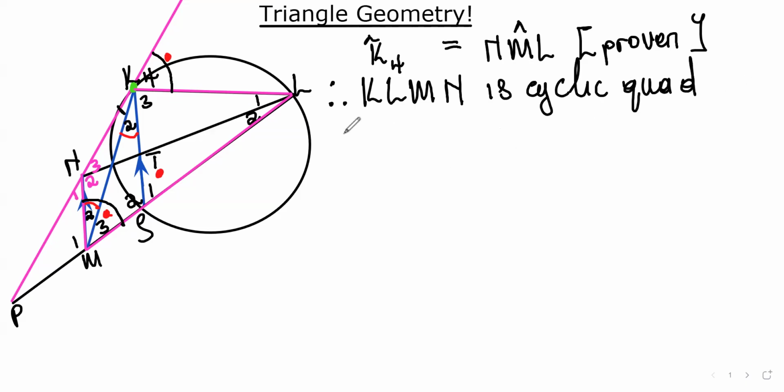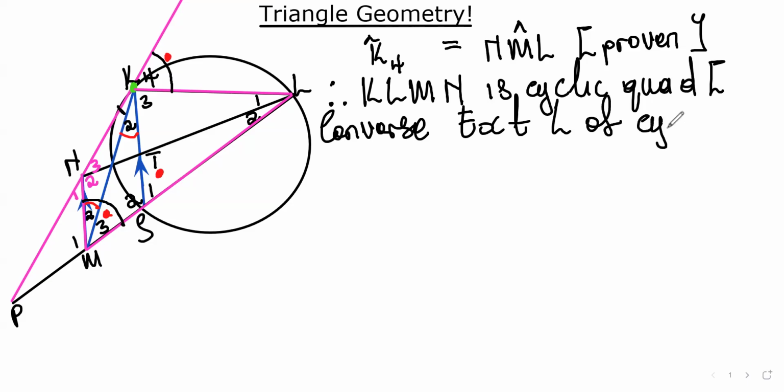You need to give a reason why you say it's a cyclic quad. Well, that's because you use the converse of an exterior angle of a cyclic quad. That's the first way in which you can give a reason and say converse of that.